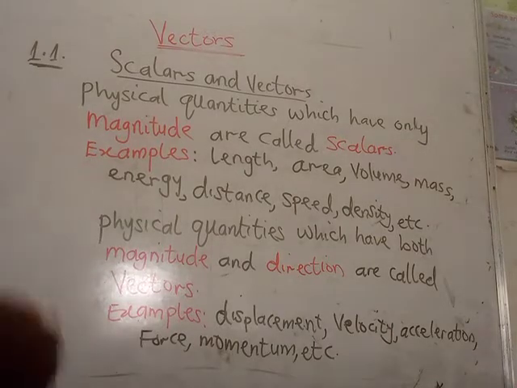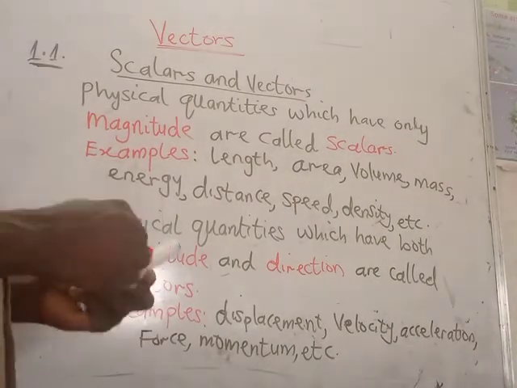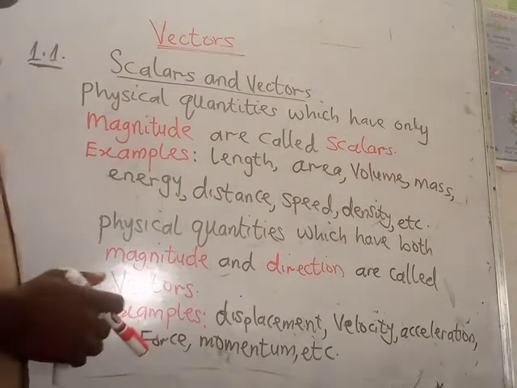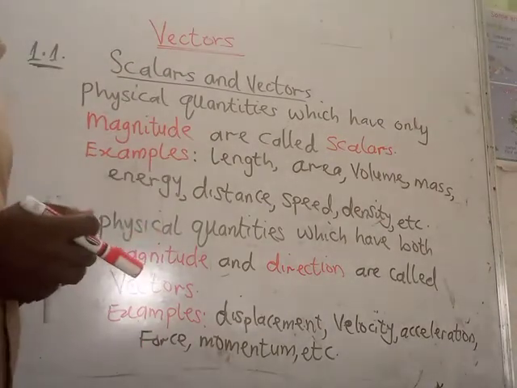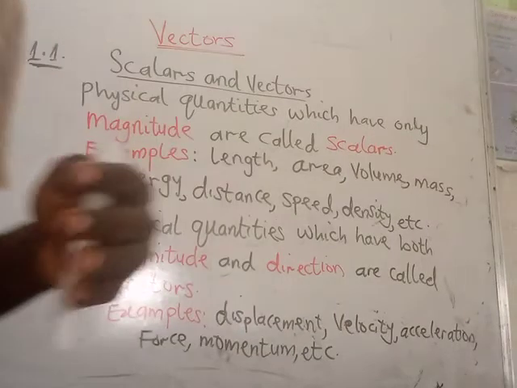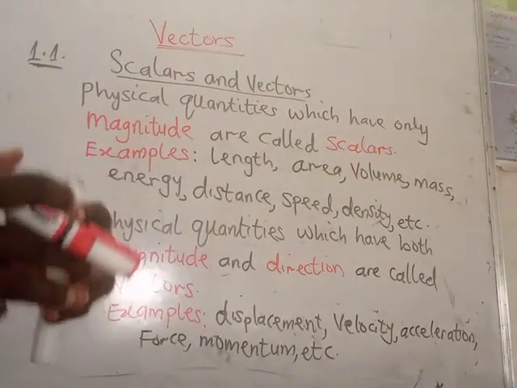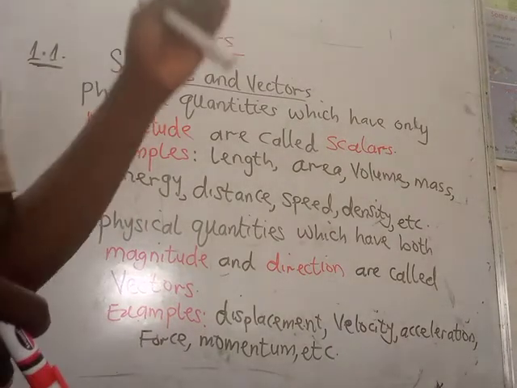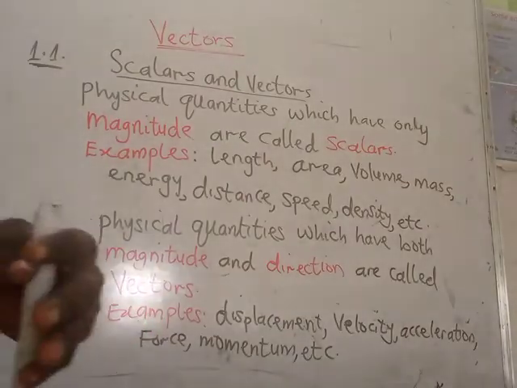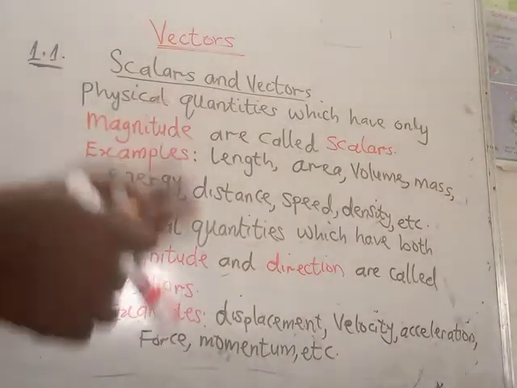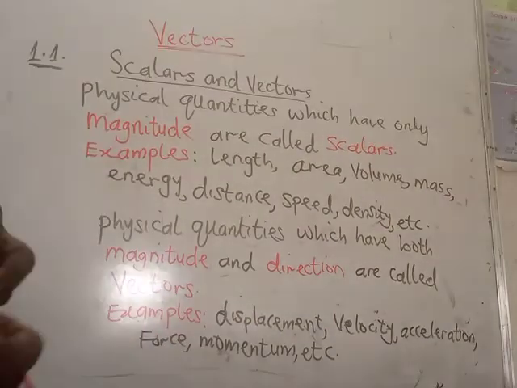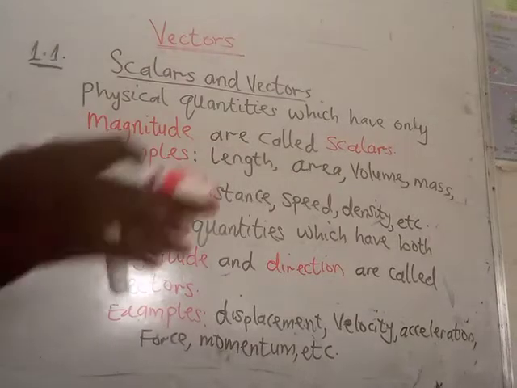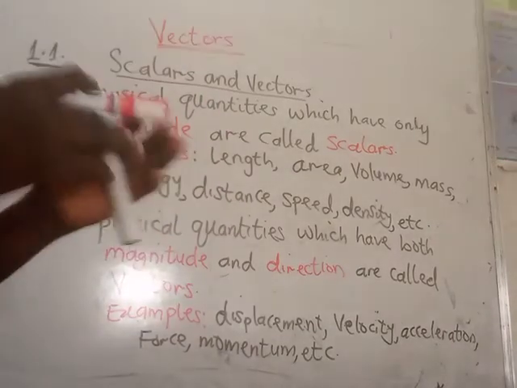So let us look at the difference between scalars and vectors. Physical quantities are generally classified into two: we have the scalars and the vectors, or scalar quantities and vector quantities. Scalar quantities are quantities which you can describe in terms of their magnitude only.